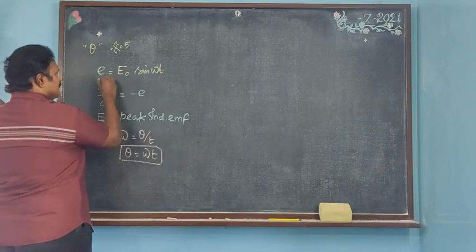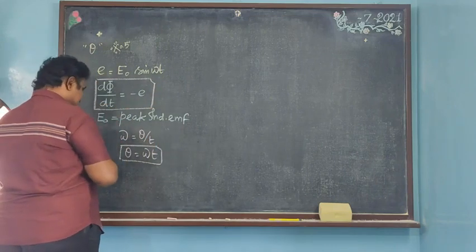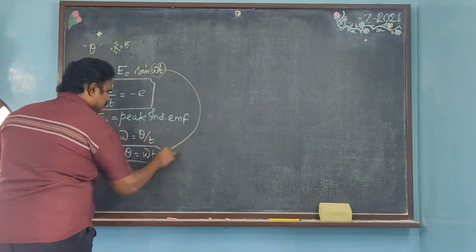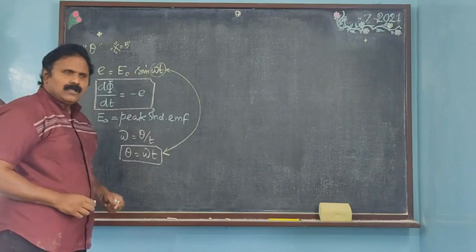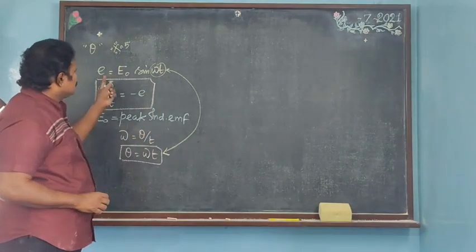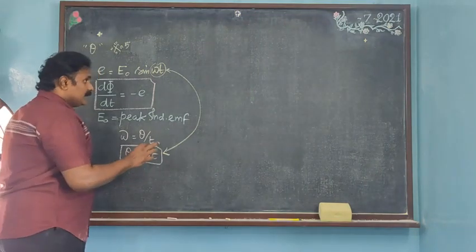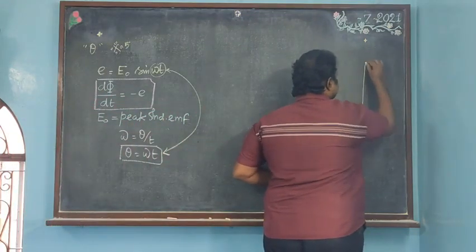So, all these ideas are known to you. So, this implies that this omega t is nothing but theta. Right. Now, I want to go to a right explanation. What is that? You try to know a small tabulation here.